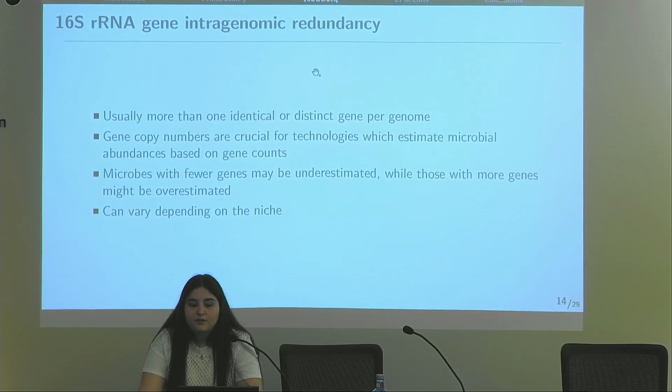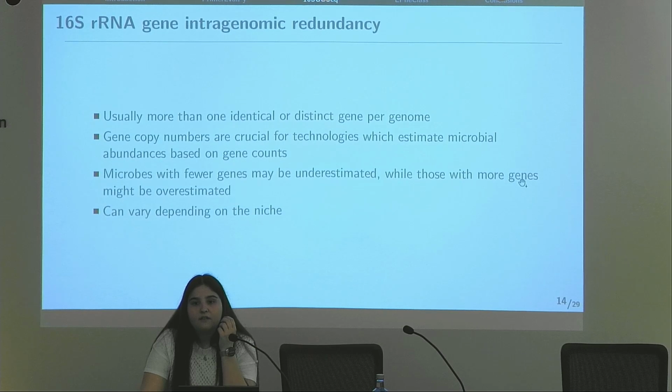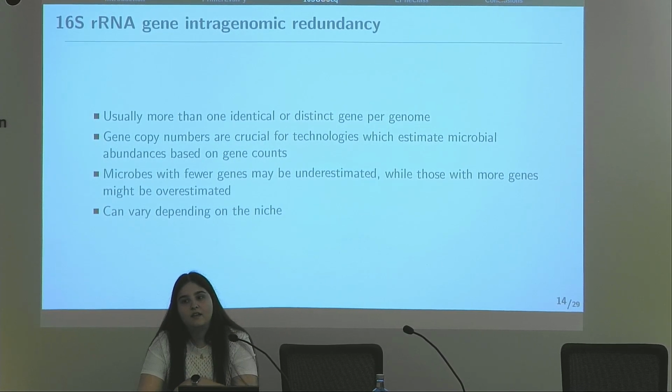This is important because there are technologies that estimate microbial abundances based on these gene counts. In these technologies, microbes that have fewer genes may be underestimated, while those with more genes might be overestimated. Furthermore, this gene count number can be different depending on the niche. One specific bacteria can have a different gene copy number in the mouth than in the gut.